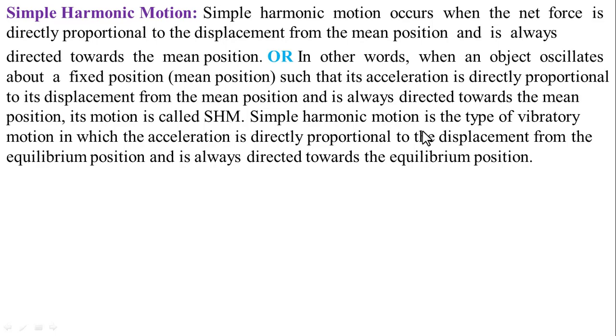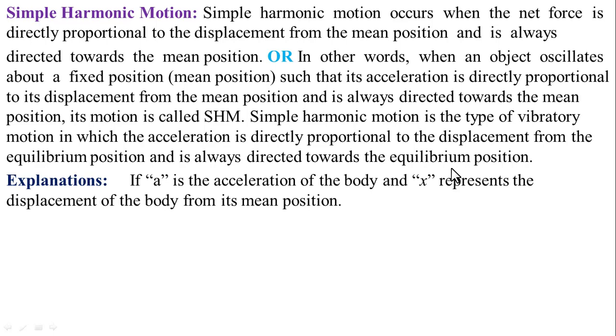Simple harmonic motion is the type of vibratory motion in which the acceleration is directly proportional to the displacement from the equilibrium position and always directed toward the mean position.